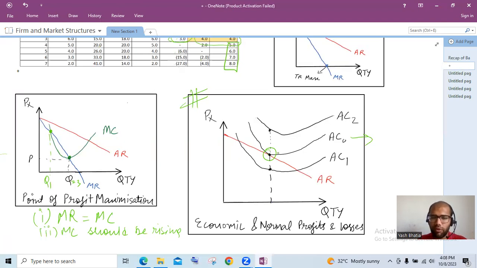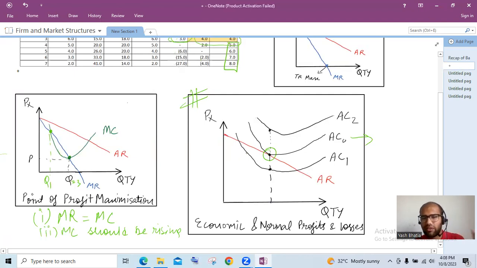So the point of normal profit is this one, where the AR curve is exactly equal to the AC curve at quantity Q. For this, I'm specifically talking of the AC0 curve for a moment, so please ignore the AC2 and AC1 curves. In this case, when AC is equal to AR, this is the case of normal profits. No profit, no loss means normal profits for the producers.